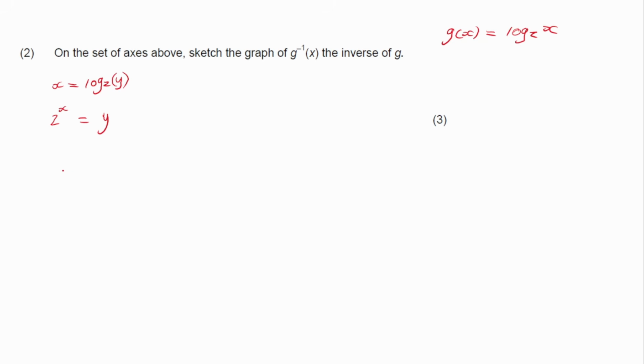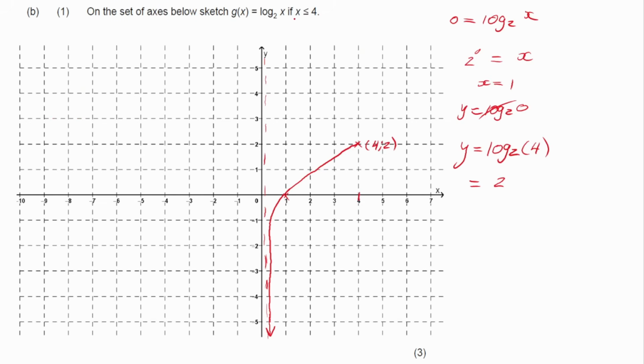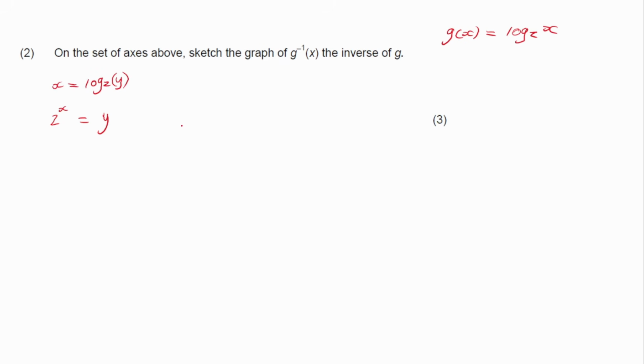But what we need to be careful of here is before we had this restriction on x, x is less than or equal to 4. But in this case, because we swap x and y, it's no longer x is less than or equal to 4. It's now y is less than or equal to 4. That's our restriction here.